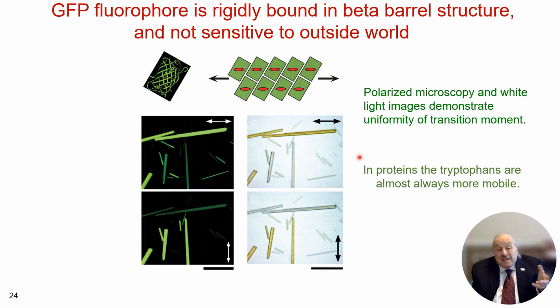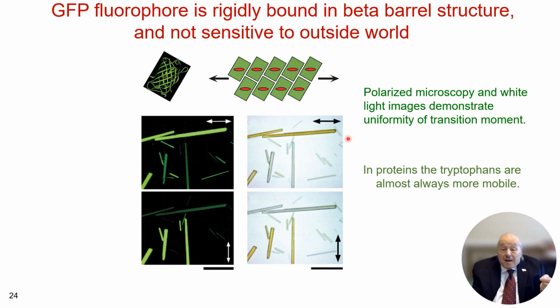Oh, I was just going to mention, this is something that is interesting to biophysicists, because I won't try to explain this in detail, but the GFP fluorophore is rigidly bound into this beta barrel structure, and this was shown by making crystals and using polarized excitation.